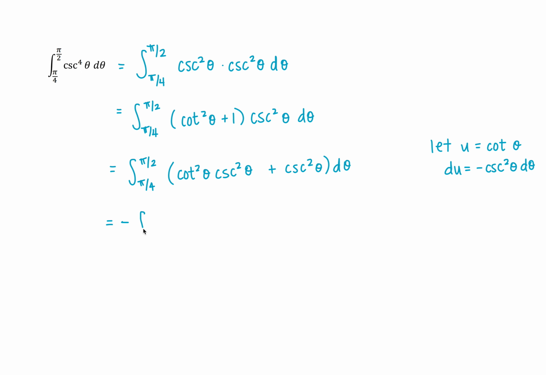So I'm going to have negative, and then we're going to integrate u squared du. I do need to change my upper and lower bounds here. So if u is cotangent of theta, cotangent of pi over 4 is 1. Cotangent of pi over 2 is going to be 0.